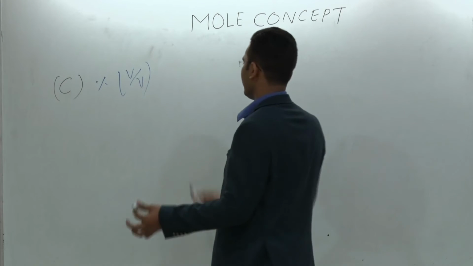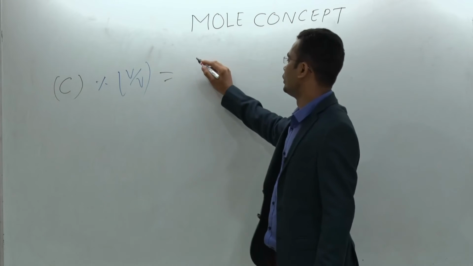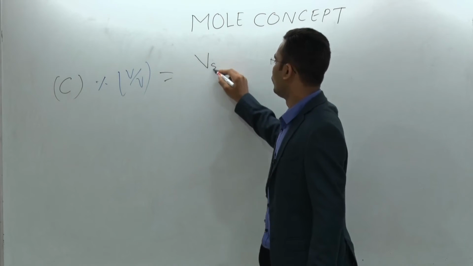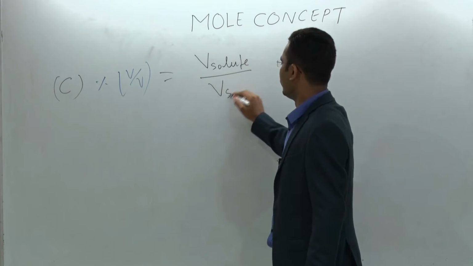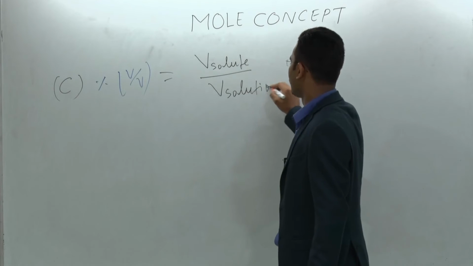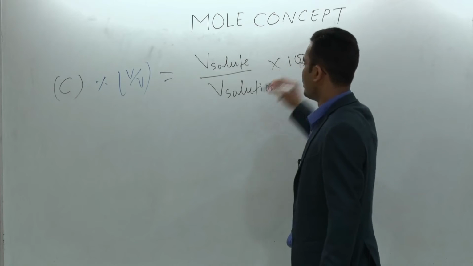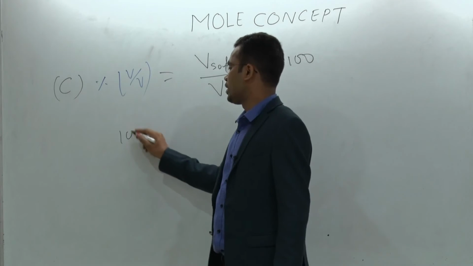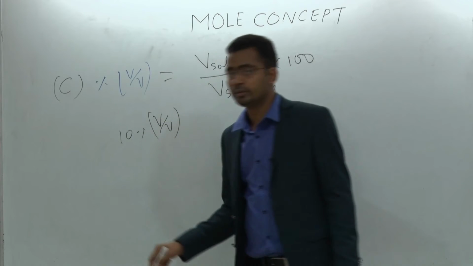That is, percentage volume by volume is equal to volume of solute divided by volume of solution into 100.